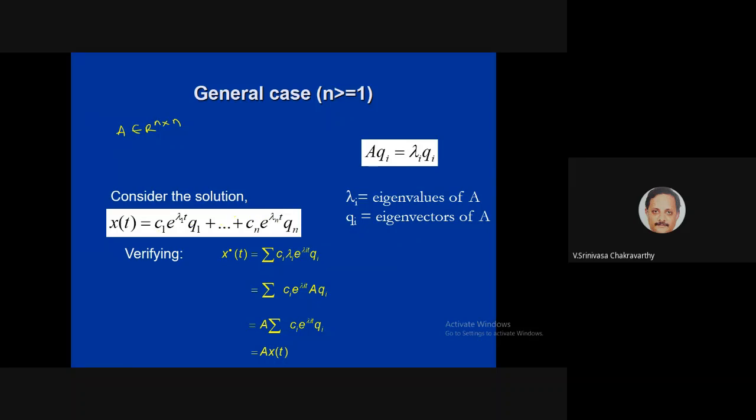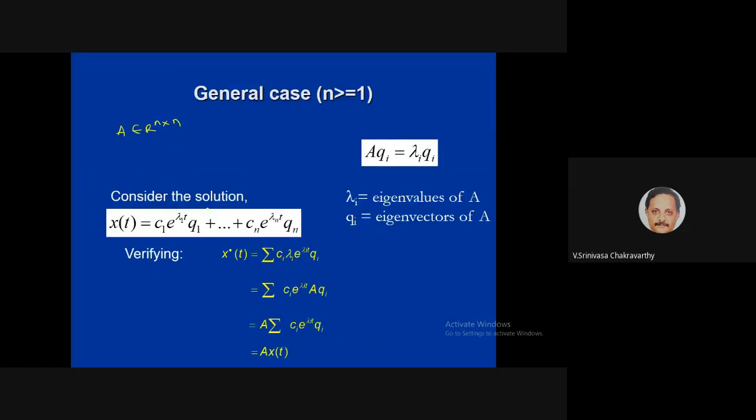You plug this expression into the original equation 1. So calculate x dot of t. All the lambdas will come out when you differentiate, because ci are constants and qi are also constants. So you get the sum over i of ci lambda i e power lambda i t times qi.